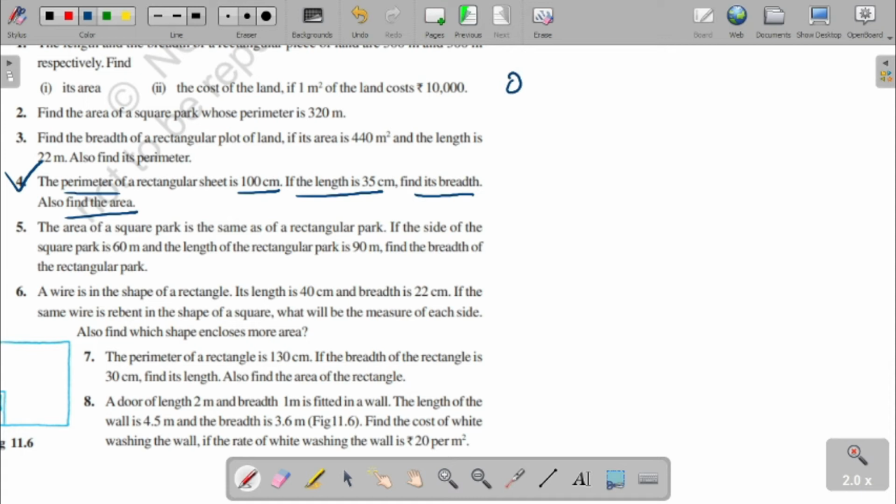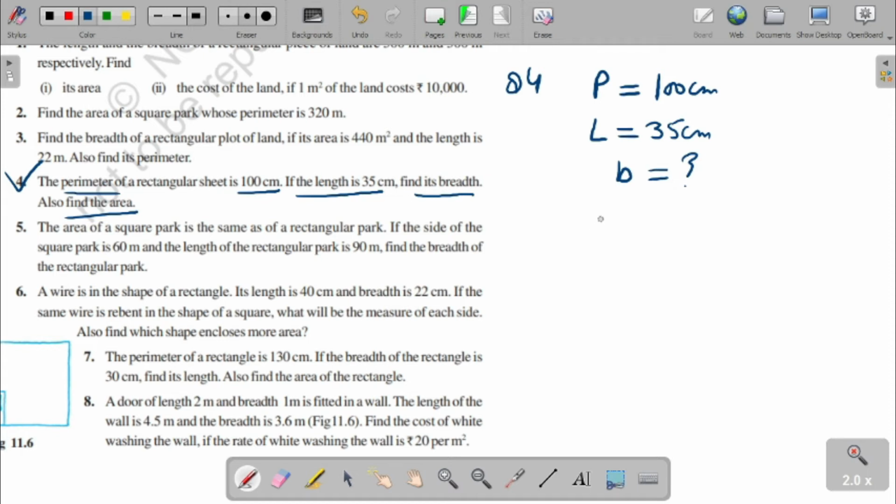So in question number 4, the perimeter is given as 100 centimeter and the length is equal to 35 centimeter. Breadth you have to calculate.